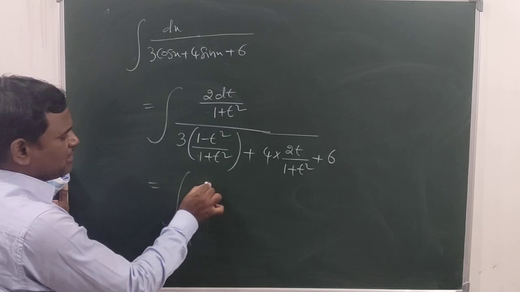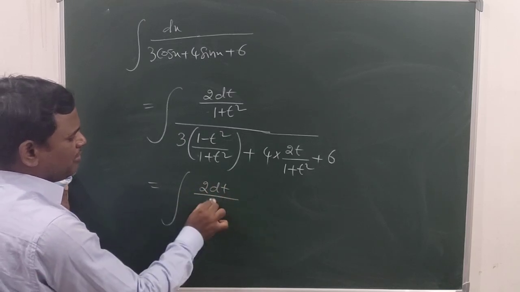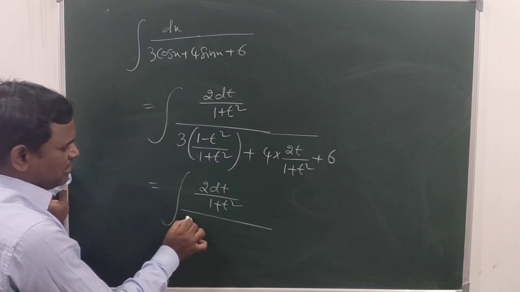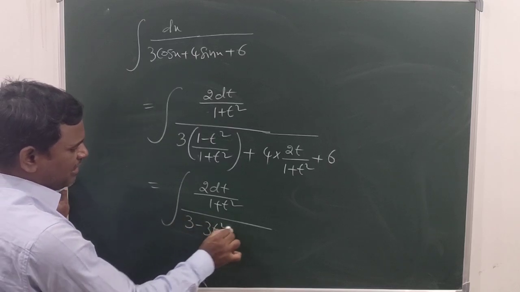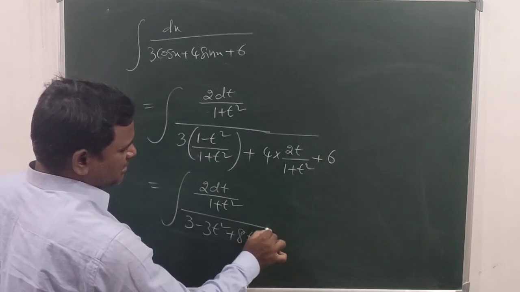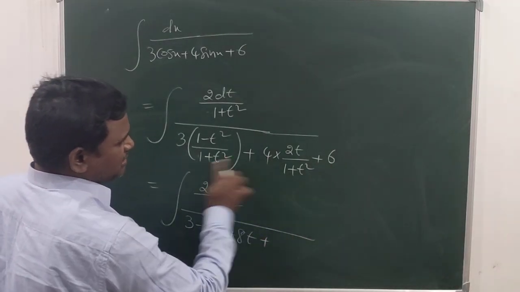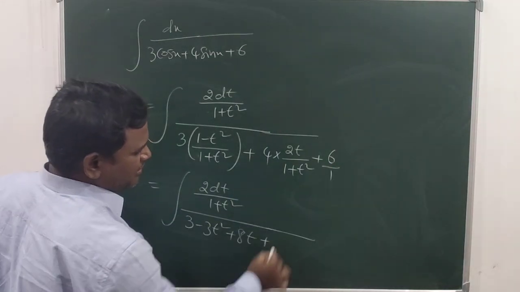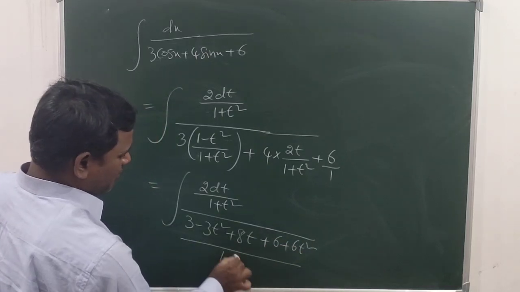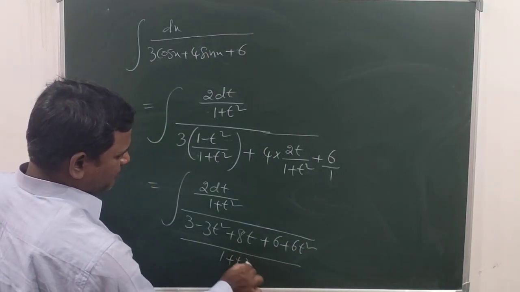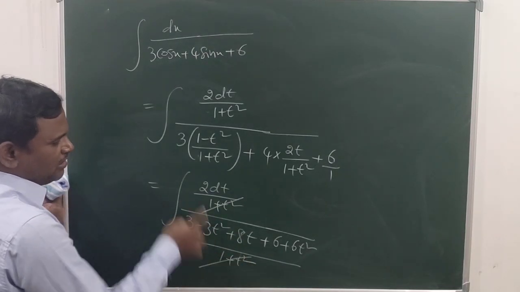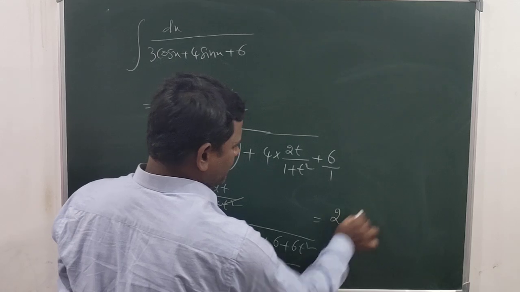On simplifying this, you get 2 dt by 1 plus t square whole by 3 minus 3t square plus 8t plus 6. Take LCM here. So 6 plus 6t square whole by 1 plus t square. Now both of them cancel. Write these two outside.